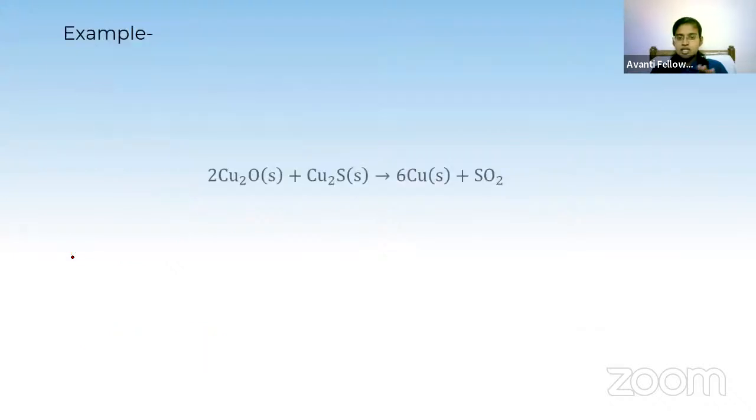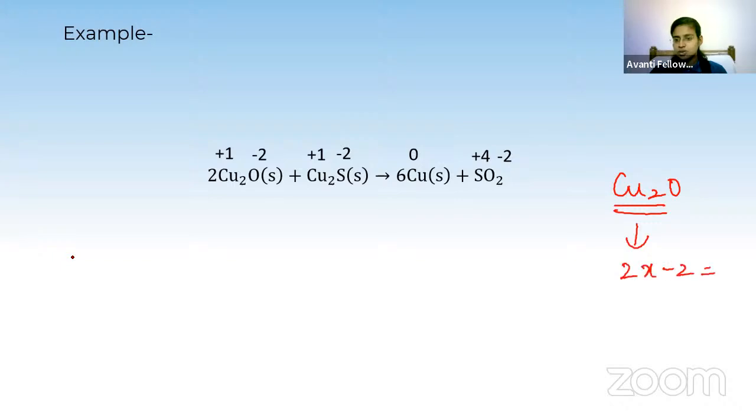This is the example I have taken. If you find the oxidation number of each element present in this compound, you will get values like this. For copper oxide, Cu2O, to find the oxidation number of copper: 2x - 2 = 0, right?